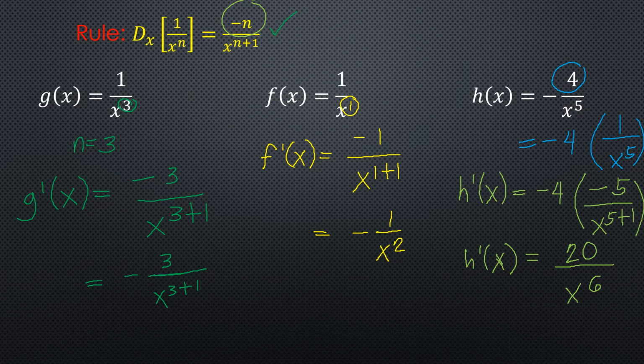Now, if you're asked to evaluate at a given x, you are going to evaluate using the derivative, so you need to get the derivative of the function first before evaluating. So let's say, for example, in number 1, you're asked to get g prime of 1.